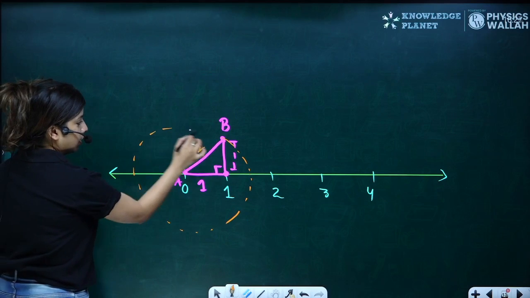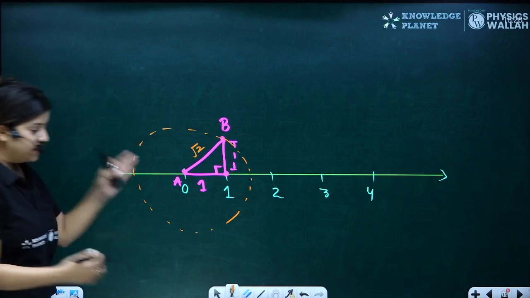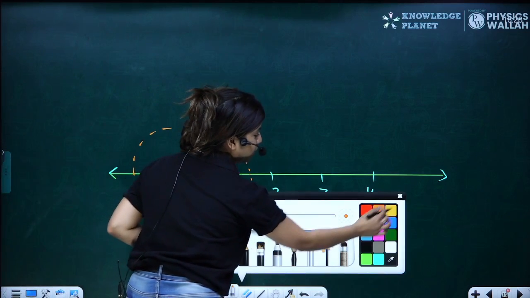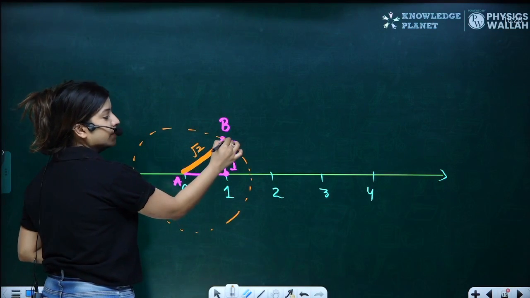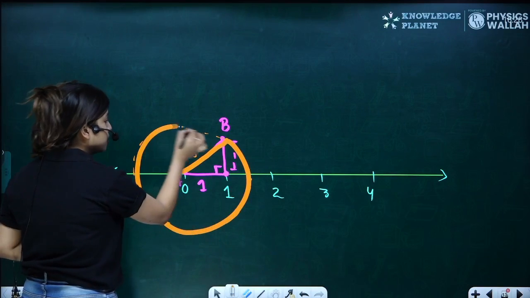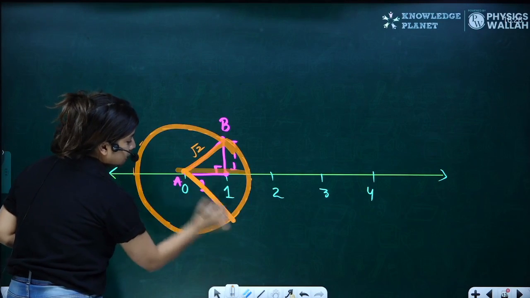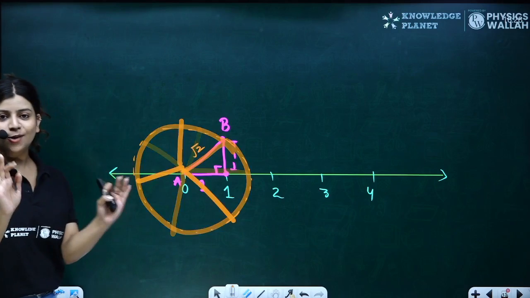Now what is the point of drawing the circle? Listen to this concept very carefully. If this is your root 2, and I have opened my compass and drawn a circle, then all the points from here to this circle will be root 2 centimeters away.